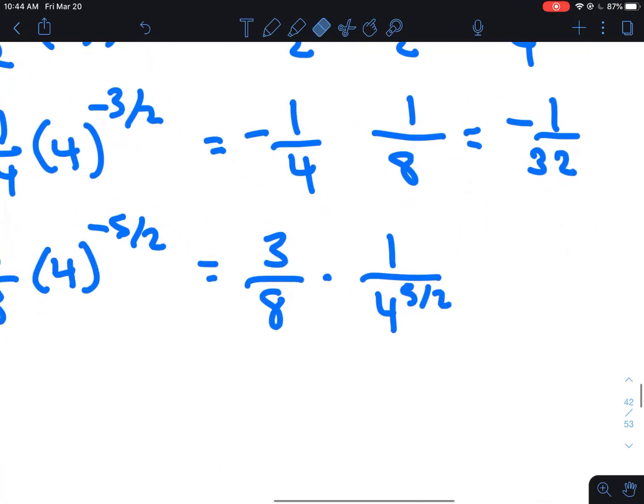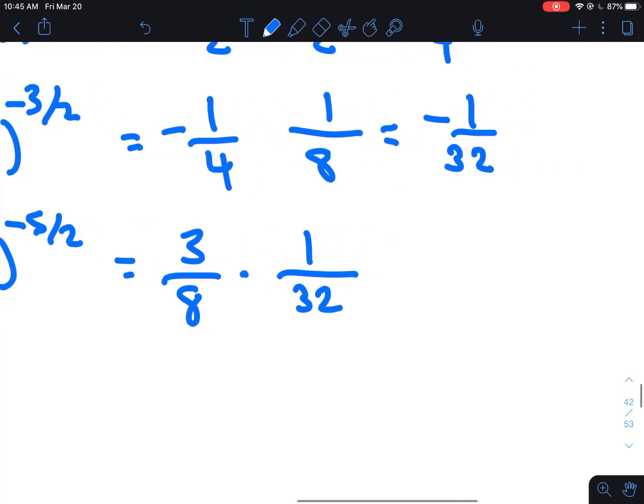And when we raise something to the 1/2 power, we're just going to take the square root. So the square root of 4 is 2. And when we take 2 and raise it to the 5th power, that's going to give us 32. All right, so let's see, 32 times 8. Is that like 256 or something? So 240, yeah, 256. Cool.